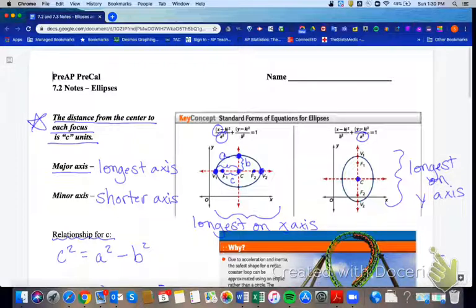There are two little metal plates on the floor in this room, and those metal plates are in the exact position of the focus. Well, if I was standing on one plate on one focus, and you were standing on the other plate, the other focus, and let's say our backs were to each other.